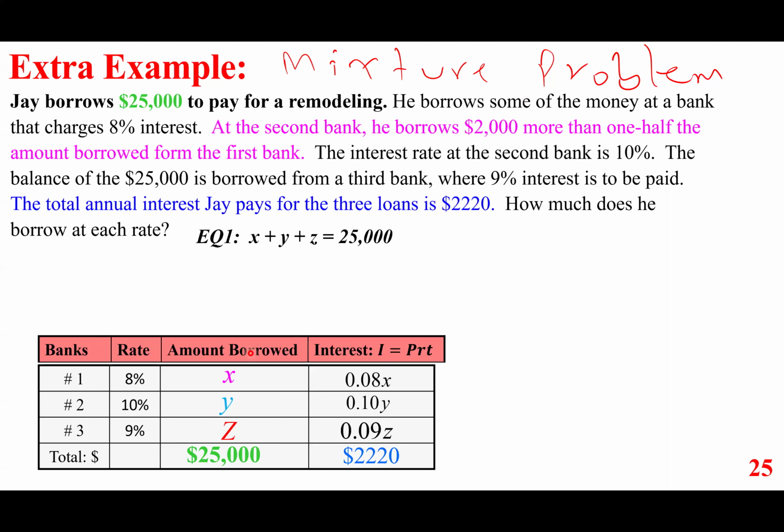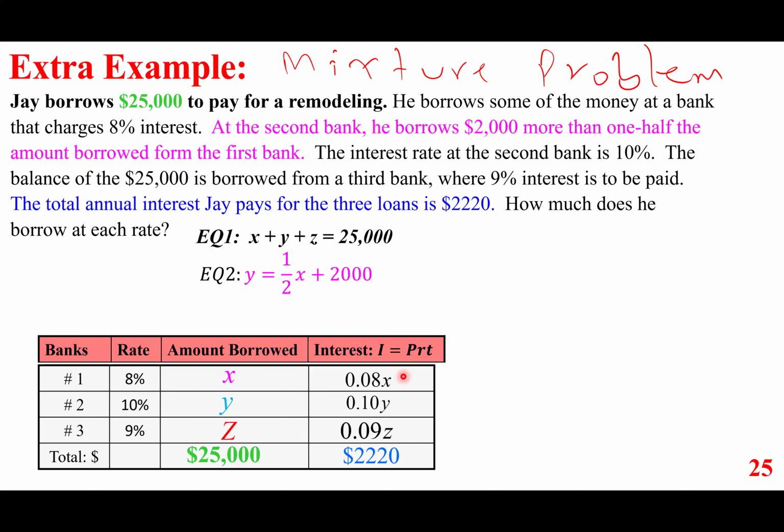This is how we defined it, number two, Y. So Y is how much? 2,000 plus half from the first. So half of X plus 2,000. And of course, the balance is Z.